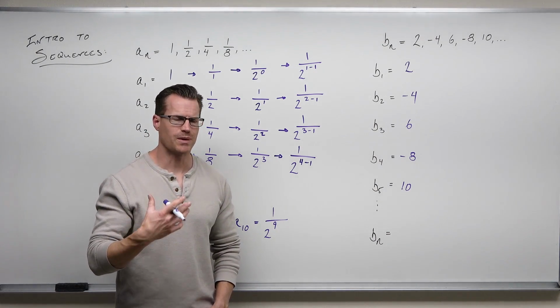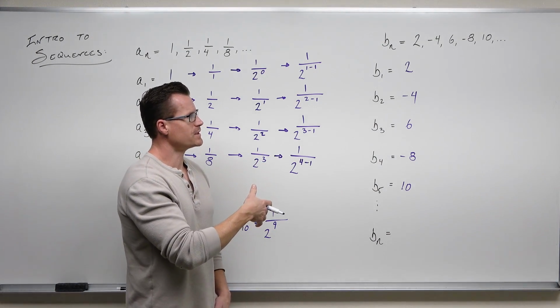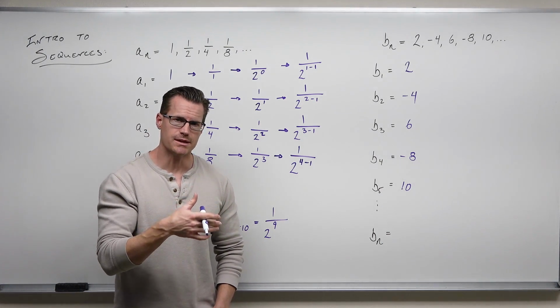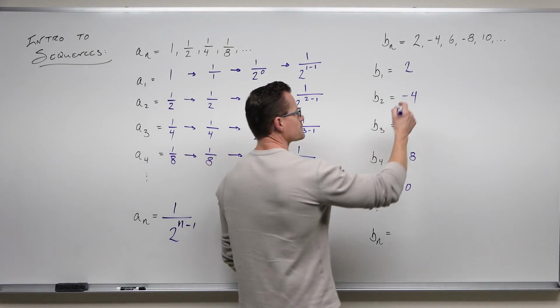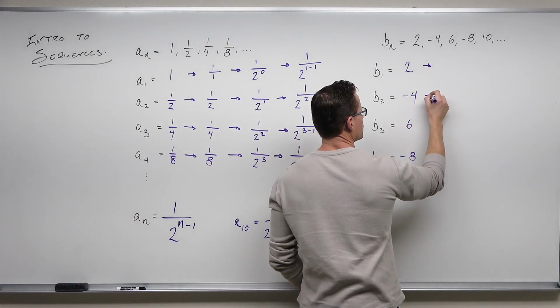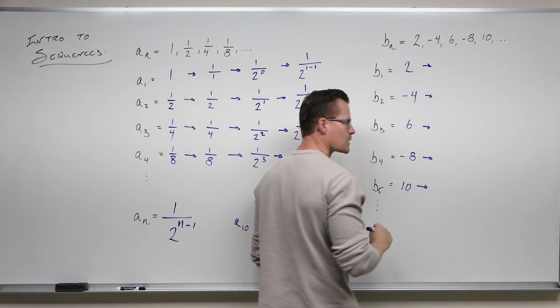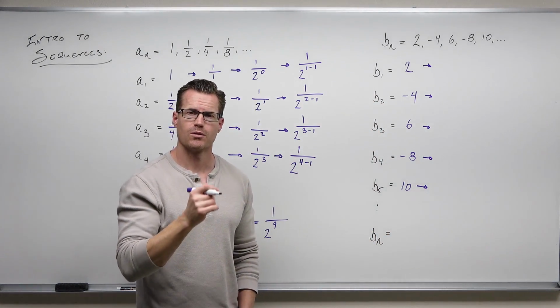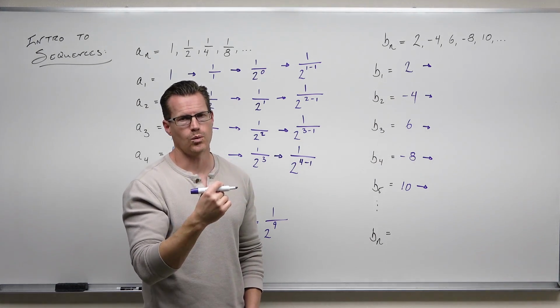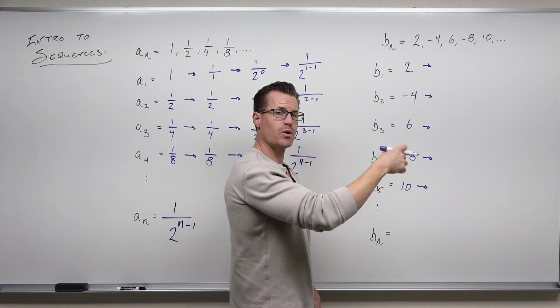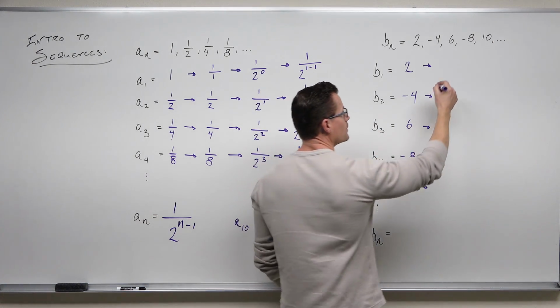Well, let's start by saying these are all even numbers, but I'm seeing that they have a negative in front. When you see that, try to make it so that you can relate it to 1, where you either are multiplying by 1 or negative 1, 1 or negative 1, 1 or negative 1. So every negative number can be represented as negative 1 times that value.